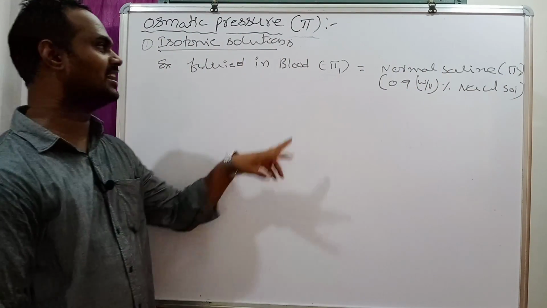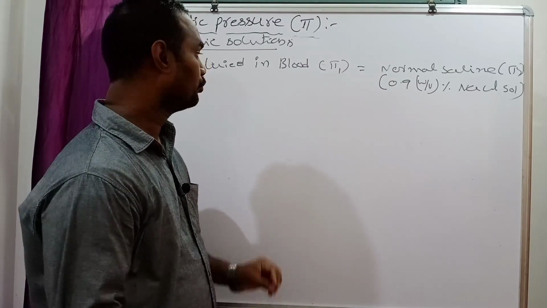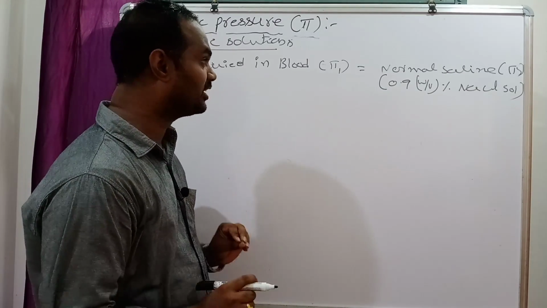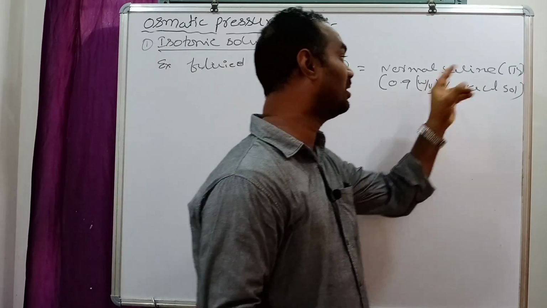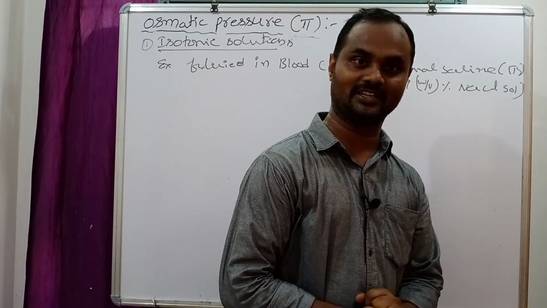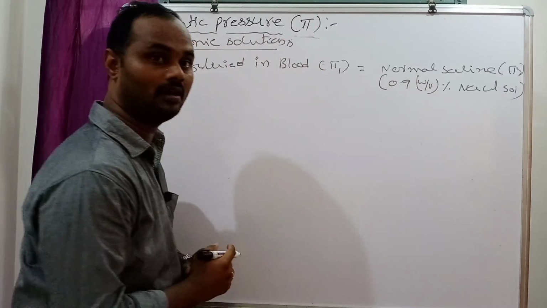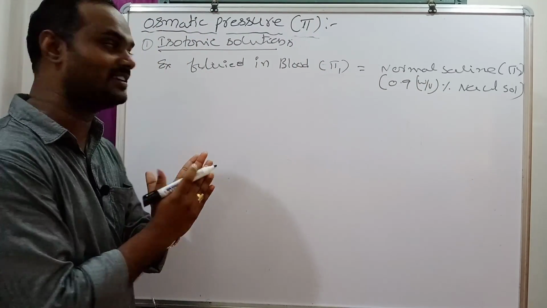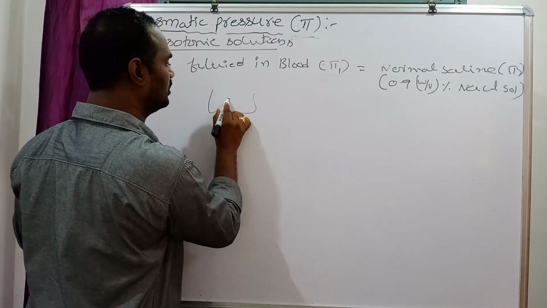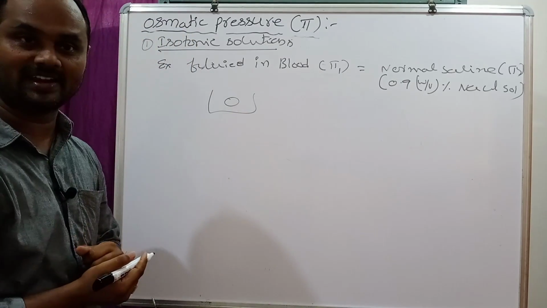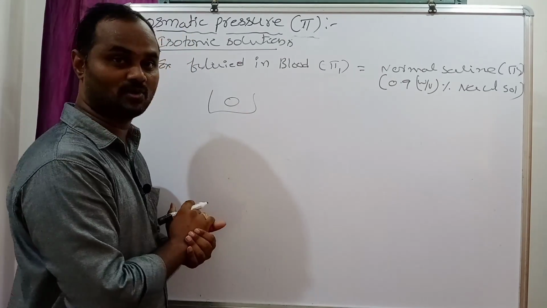The fluid present in blood has osmotic pressure equal to that of normal saline. So what will happen here? When the osmotic pressures are equal, and the two are separated by the blood cell wall acting as a membrane, there is no osmosis.